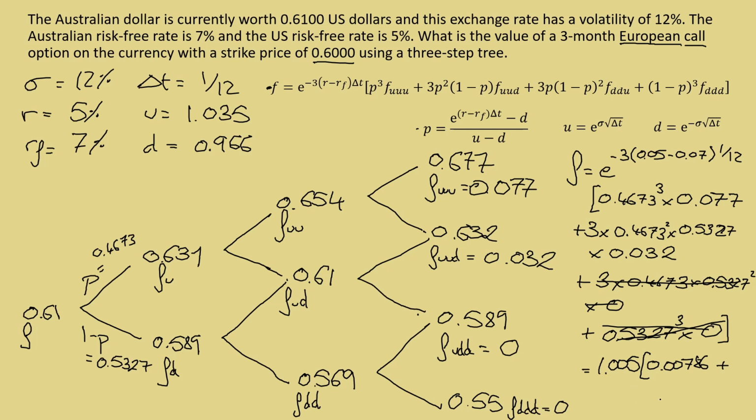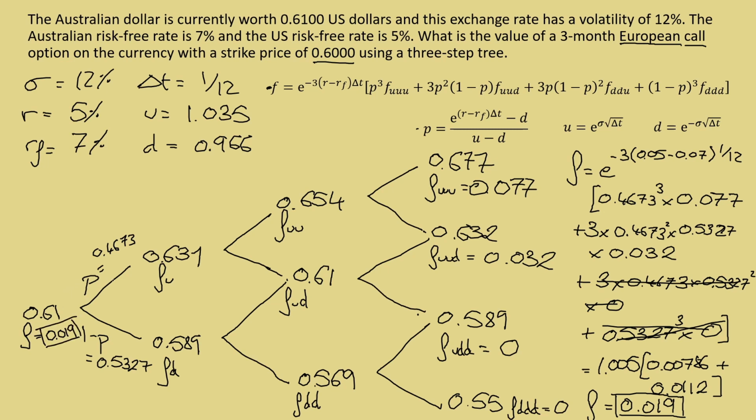This should give you 0.0112, and then we close brackets. And finally, if we finish solving this, you should get that F is equal to 0.019. Excellent. So we know that the current value of a 3-month European call option on this currency is equal to 0.019. And so this is the final answer.